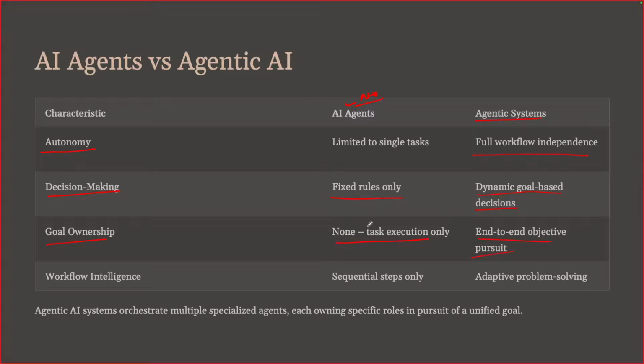Now here, let me give you an example of task execution. Simply, you say reconcile my transactions. Suppose this is a task you are giving to your AI agent. It reconciles and gives you the output.